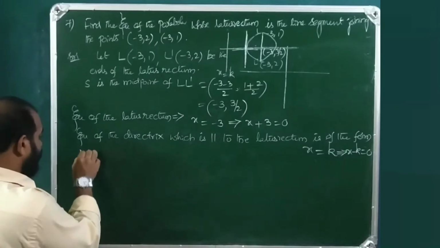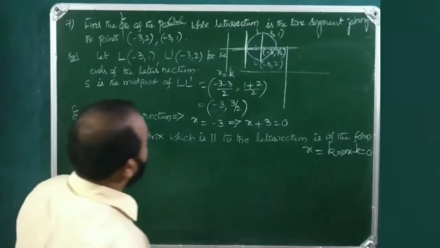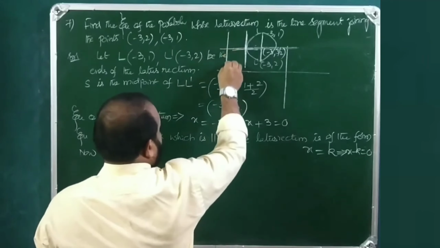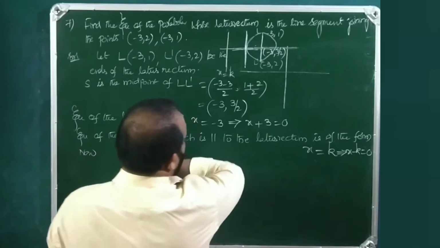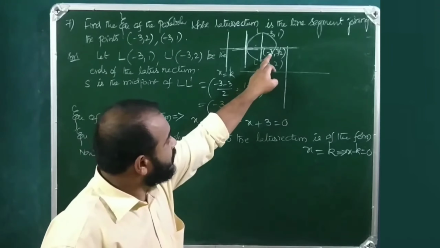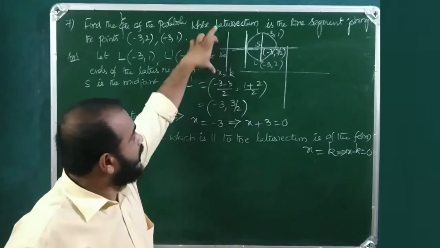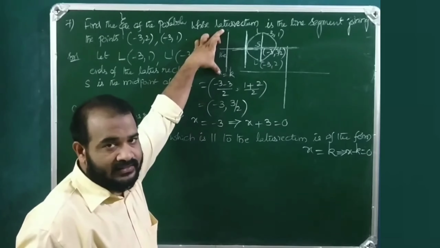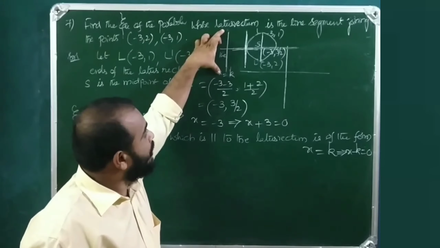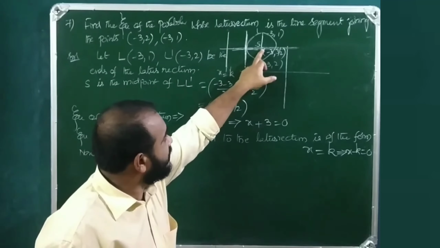So here the distance of the point S from the directrix is the perpendicular distance from S to the line.